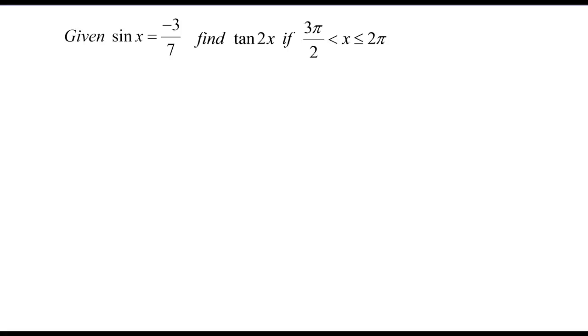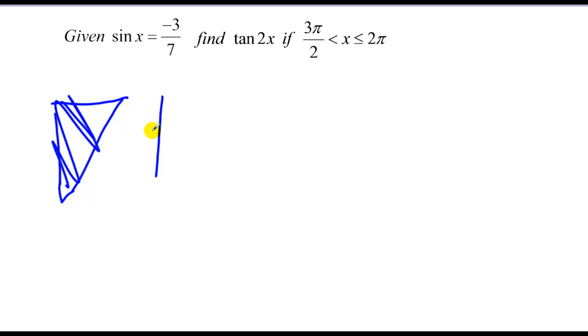Another triangle problem, because I know that -3/7 is not a unit circle value. So here's my triangle. It says this triangle is going to be in the fourth quadrant, once again. So let's go ahead and draw that fourth quadrant triangle.